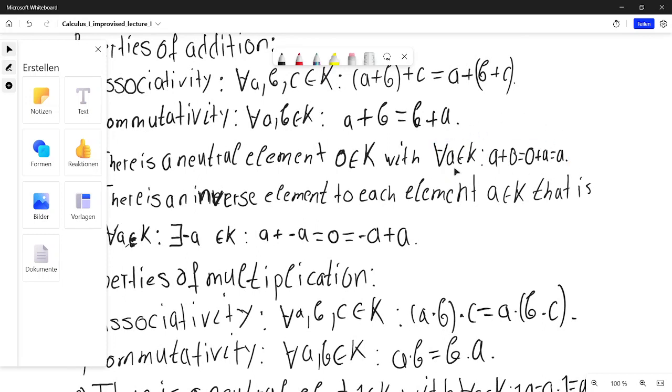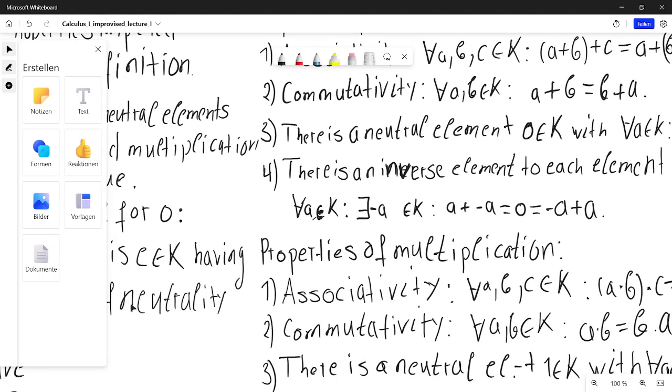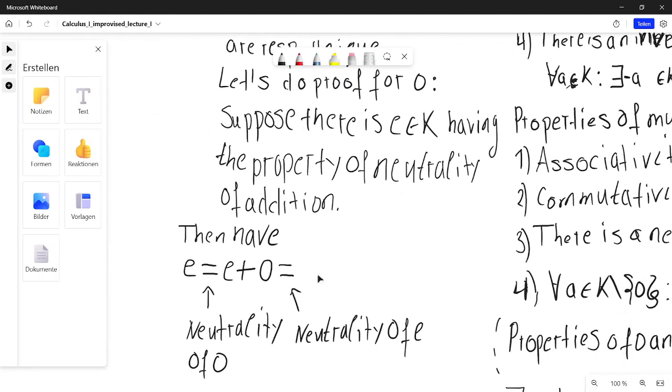So in particular, if A is equal to 0, E has this property. What does it mean? That applying neutrality of E allows us to say that it is actually 0. And so this property of E implies that it was already 0.